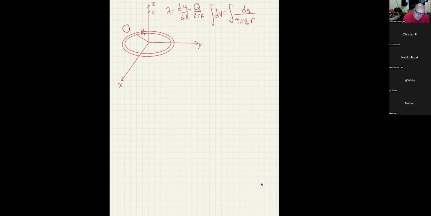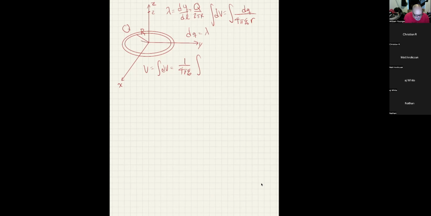So I'm going to say V is equal to the integral of dV, and that's going to be equal to 1 over 4 pi epsilon naught times the integral. Now lambda is actually going to be the charge per unit length. So dq is going to be equal to lambda times, now I'm going to use what we recall from trigonometry.